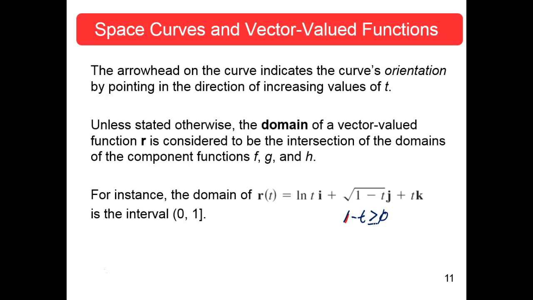You can't take the square root of a negative number. Here, t has to be greater than 0. Here, 1 minus t has to be greater than or equal to 0. There are one of two ways you could do it; I kind of like this way, adding t to both sides, and that gives you 1 is greater than or equal to t. In other words, t is less than or equal to 1. Okay, now how about this one? What are the limitations on t there?